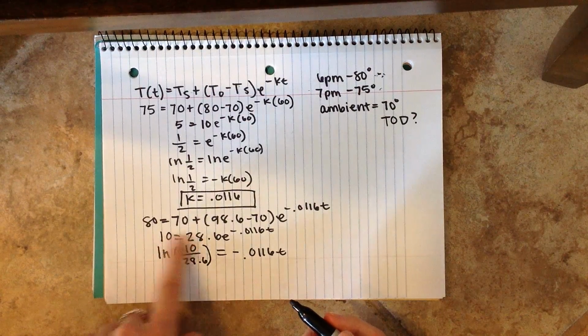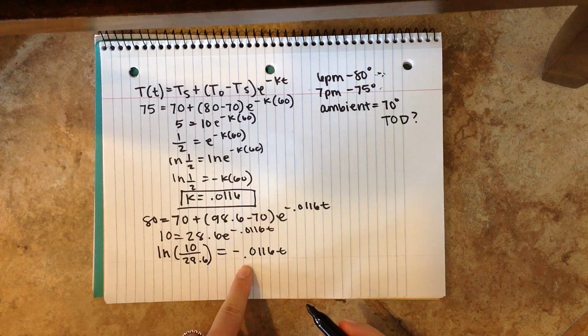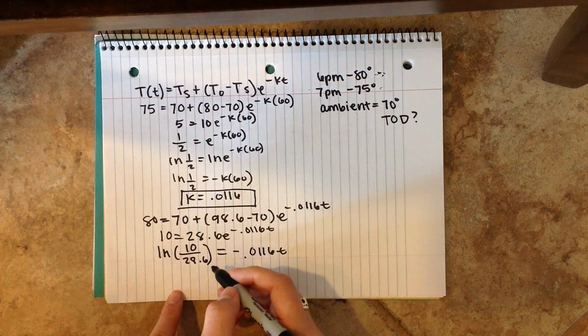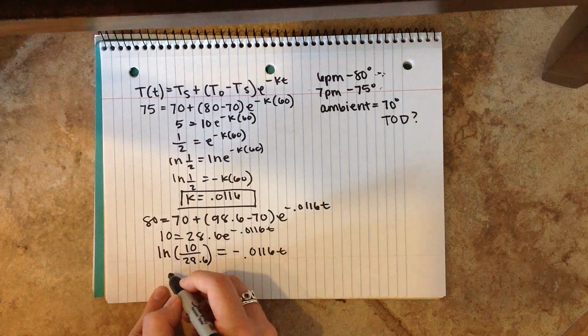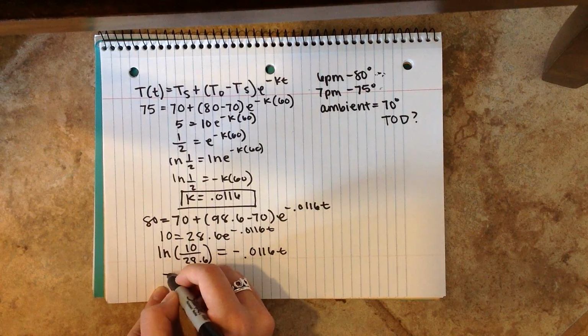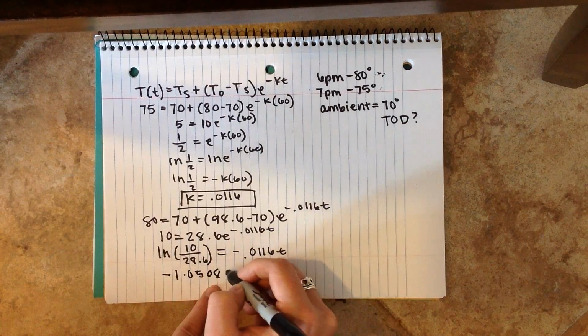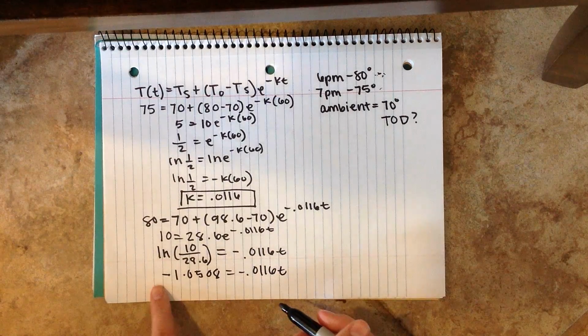Enter this into your calculator and you get negative 1.0508 approximately equals negative 0.0116 times t.